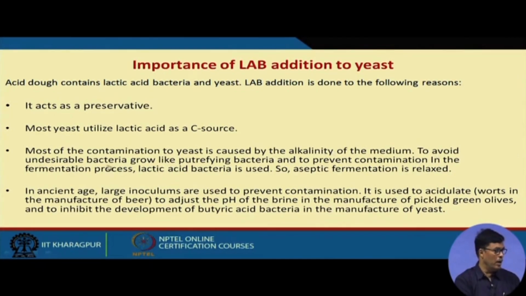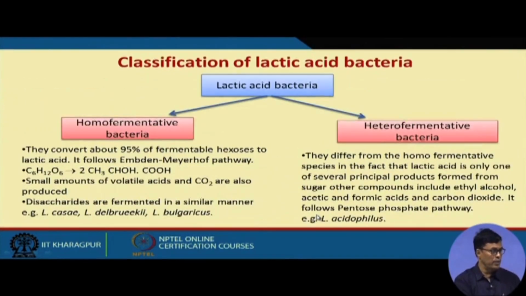To avoid undesirable bacteria growing, like putrefying bacteria, and to prevent contamination in the fermentation process, lactic acid bacteria is used. So, aseptic fermentation is relaxed. In ancient times, large inoculums were used to prevent contamination. It is used as an acidulant to adjust the pH of the brine in the manufacture of pickled green olives, and to inhibit the development of butyric acid bacteria in the manufacture of yeast.